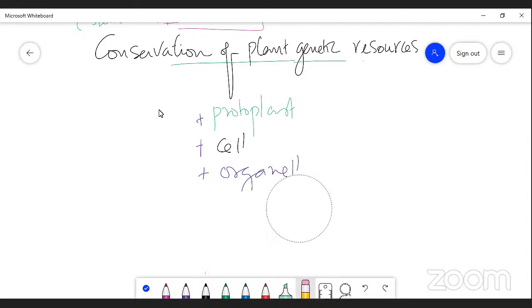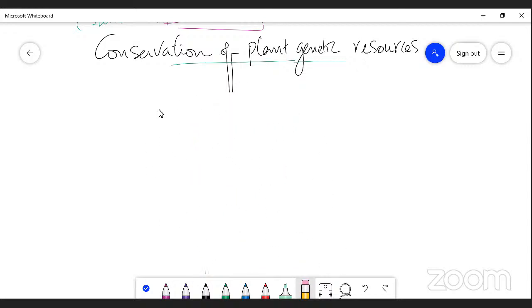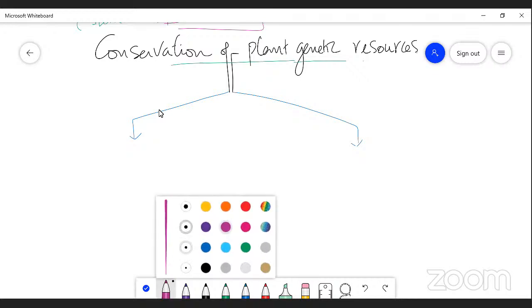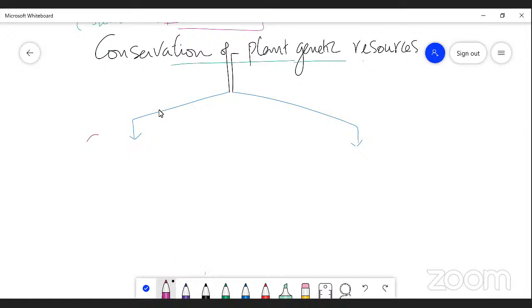Now, this conservation or preservation of plant genetic resource is divided into two types. They are germplasm conservation and cryopreservation or cryoconservation. Dear student, please understand, the first one is germplasm conservation, or preservation.